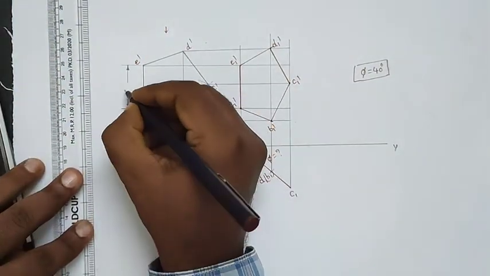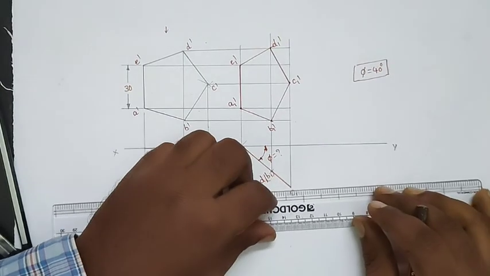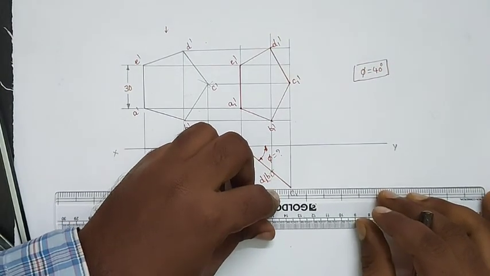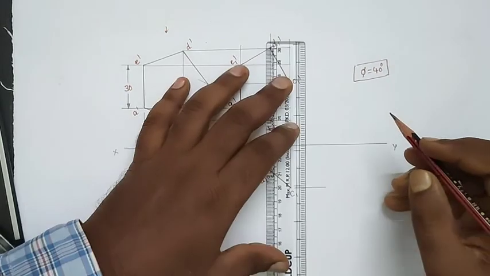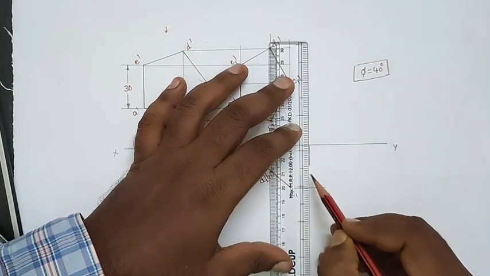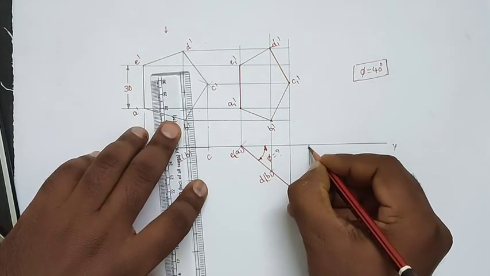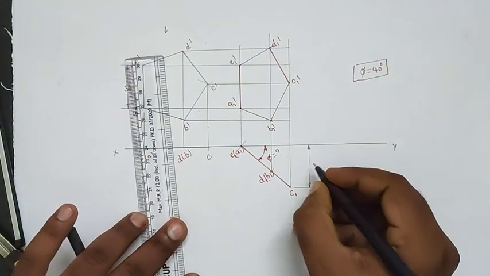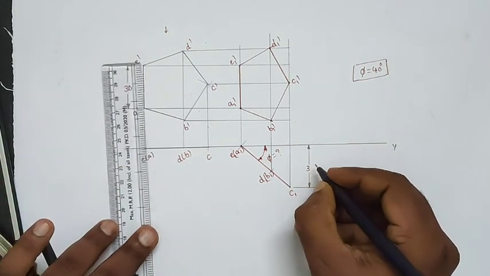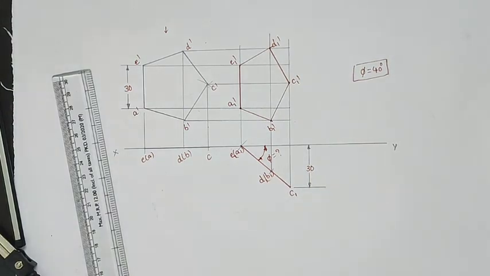This dimension is 30, and here the point C dimension with respect to the opposite edge, they are giving 30 mm in front of the VP. This is 30. This is the solution for this problem.